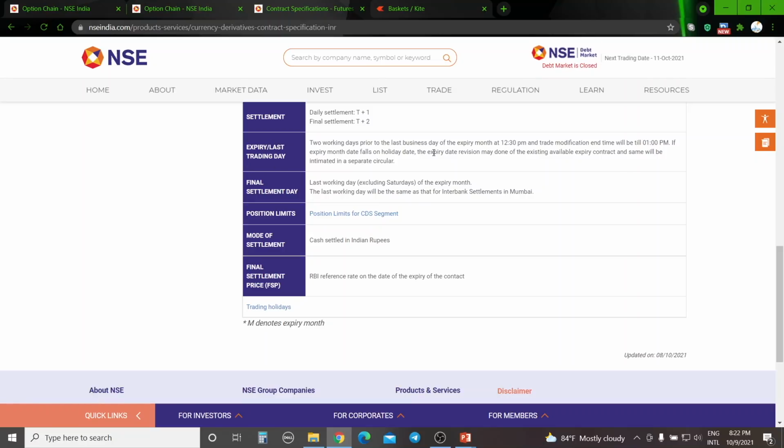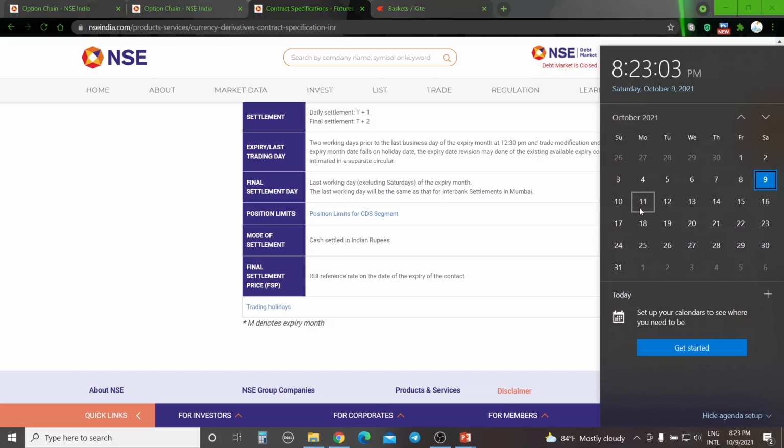In the next section I have also informed how we calculate the expiry. The monthly expiry happens 2 days before the last business day. We are currently in October 2021, so let's see when the monthly expiry is for the USD INR contract.